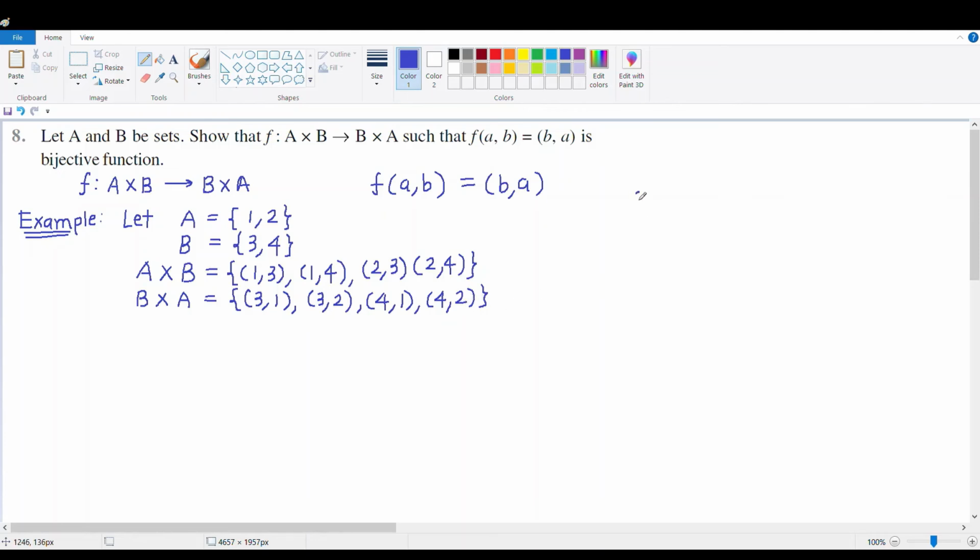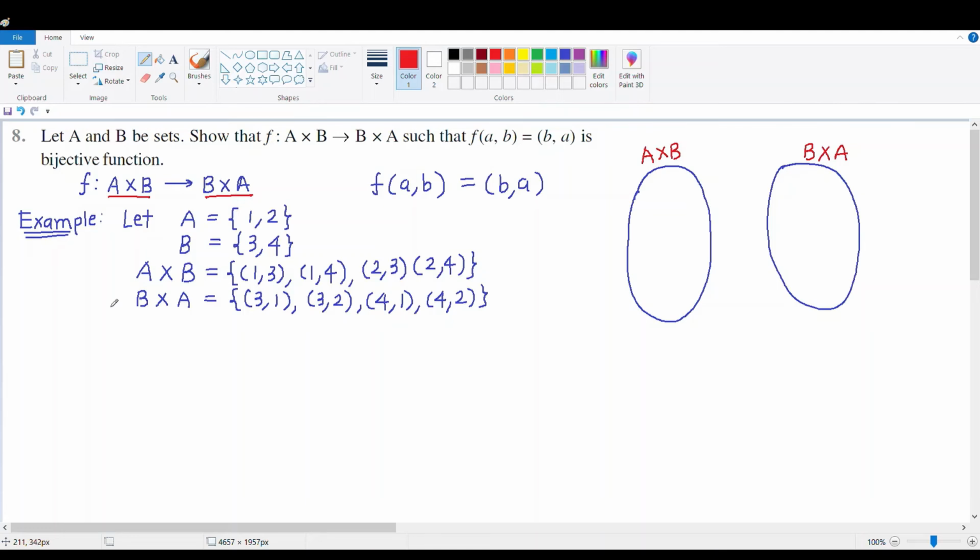Now if I try to show that with that diagram of domain and codomain, so this is our A cross B, our domain, and this is our B cross A. This was our domain, this was our codomain. So I wrote it this way. Now function f goes from domain to codomain, and let's now list all these elements in here and in here.